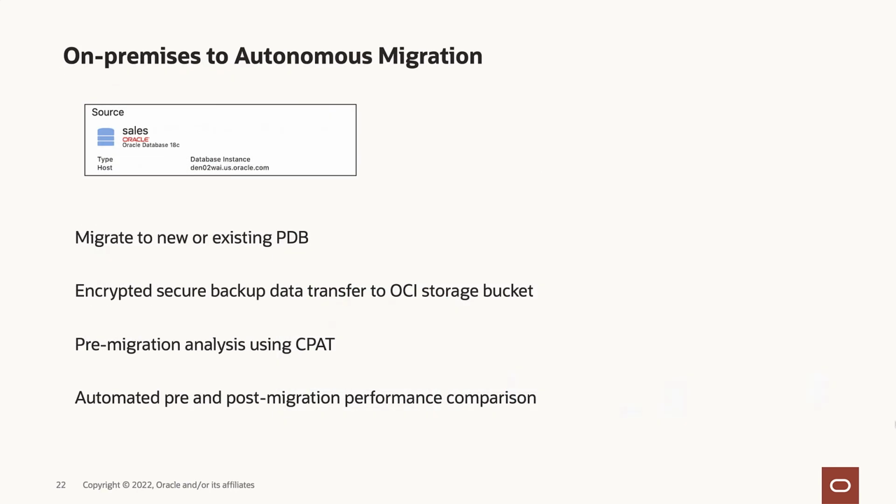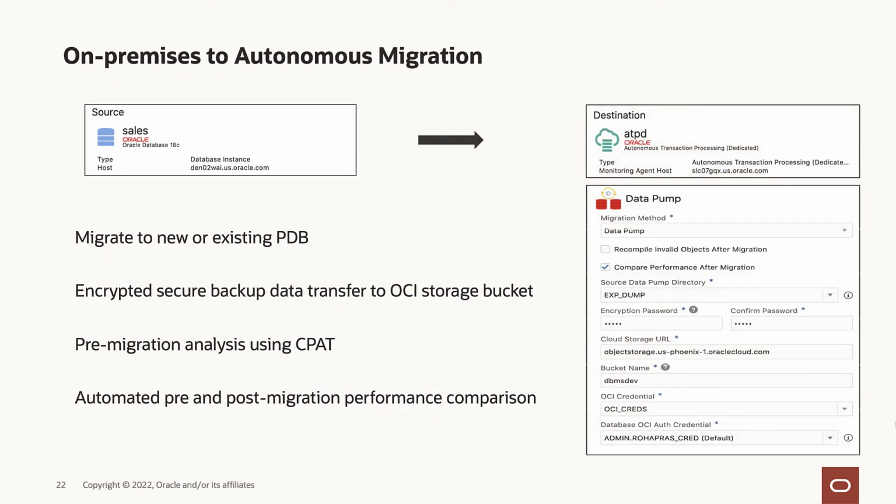Migration Workbench supports migration from on-premises to autonomous databases. In this example, we have selected an on-premises non-CDB database and, using the Data Pump full database migration method, are migrating to Oracle Autonomous Database. Migration Workbench supports migration with new PDB creation or migrating into an existing PDB.